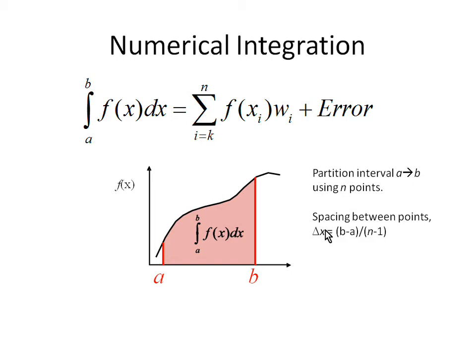And a convenient way to pick this spacing is to take the b minus a, which is this distance, divided by n minus 1, and that will give us delta x. So there's delta x, and we're going to partition this interval into points like that.